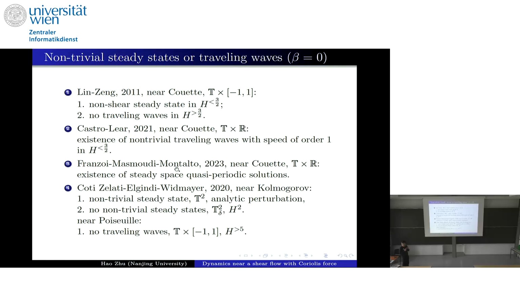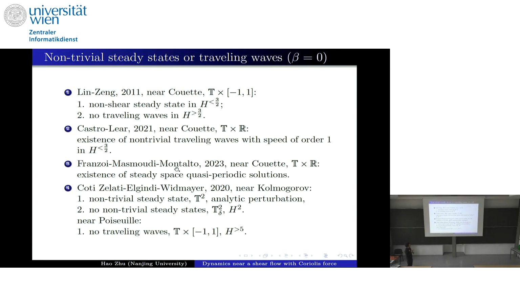From this perturbed shear flow, we use some bifurcation theory to show that there exist non-shear steady states in the space of low regularity, and if the regularity is large enough, here they give a critical number, and this is the perturbation for the vorticity.